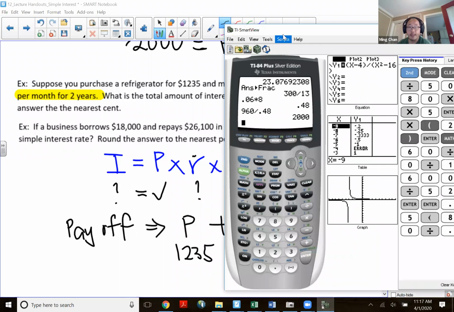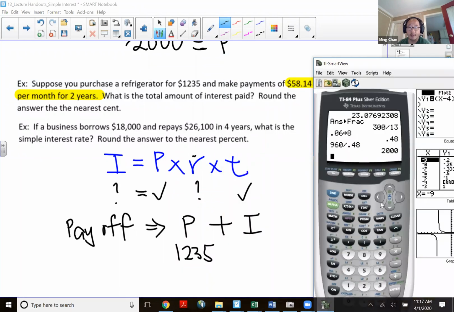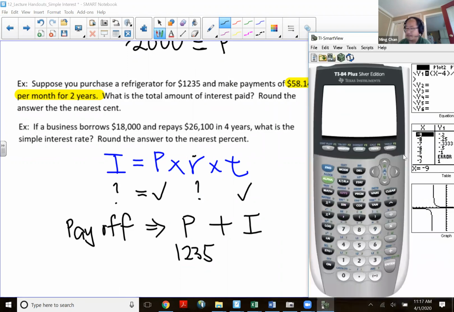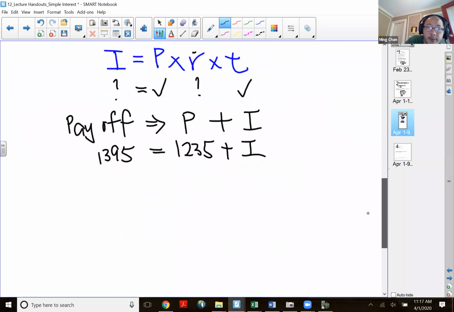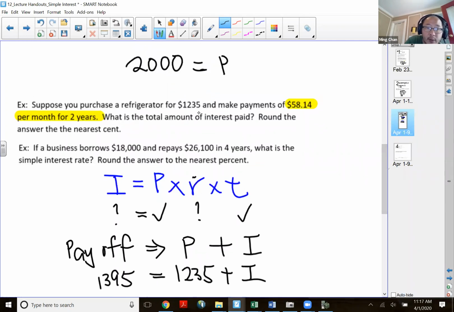So if I take 58.14 times 2 years, which will be 24 payments, I have paid $1,395.36. I paid a total of $1,395.36, which inside of it has $1,235 of the principal plus the interest. So remember, this whole problem is looking for the interest paid.